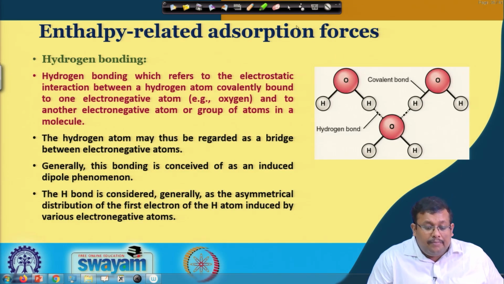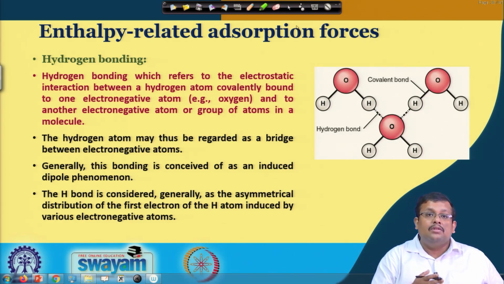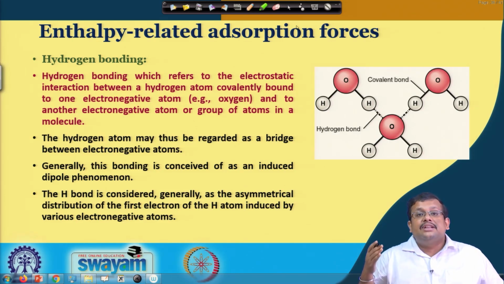Let us see the enthalpy related adsorption forces. Hydrogen bonding can be considered as one of the major enthalpy related adsorption forces. So, let us see what hydrogen bonding is. Hydrogen bonding refers to the electrostatic interaction between a hydrogen atom covalently bound to one electronegative atom, that is oxygen, and another electronegative atom or group of atoms in a molecule.